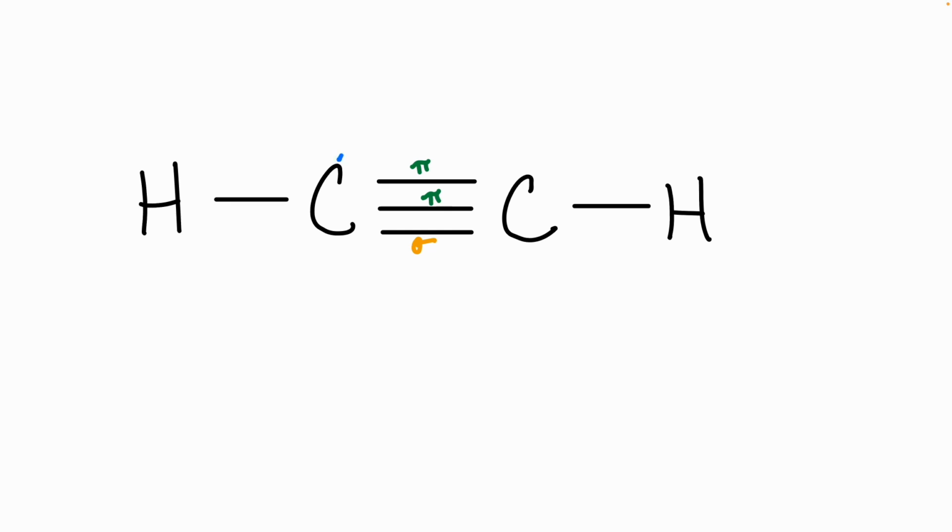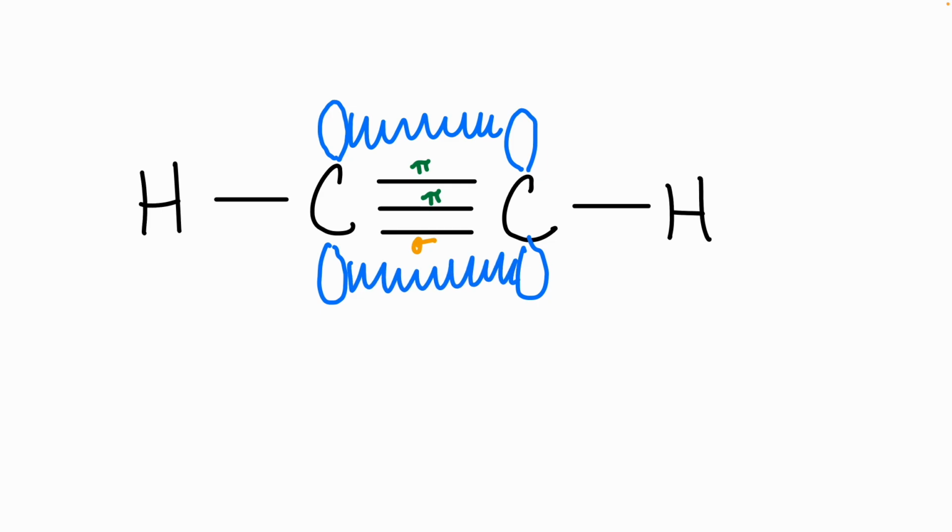So one pi bond will sort of extend above this molecule. Again, it's the overlap of those peanut-shaped orbitals. The other one is going to be pointed perpendicular. So now we'll have another electron cloud, another peanut-shaped cloud.